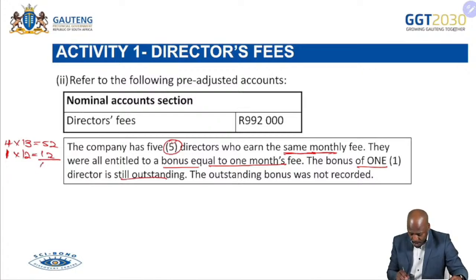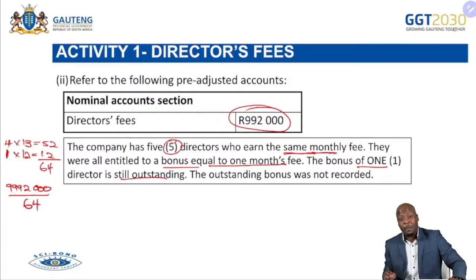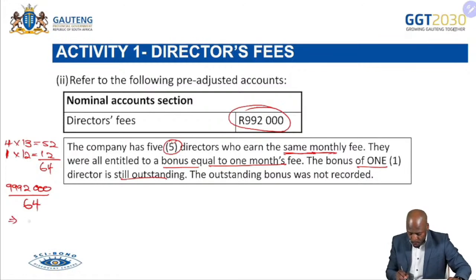That will give me a total of 64. Then I can safely say, if I take my director's fees, which is 992,000, and divide it by 64, it will give me an amount which should be 15,500.